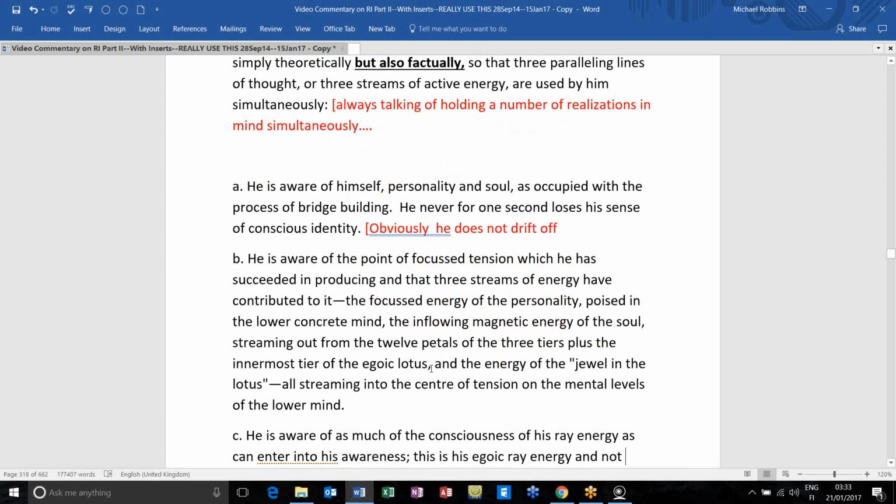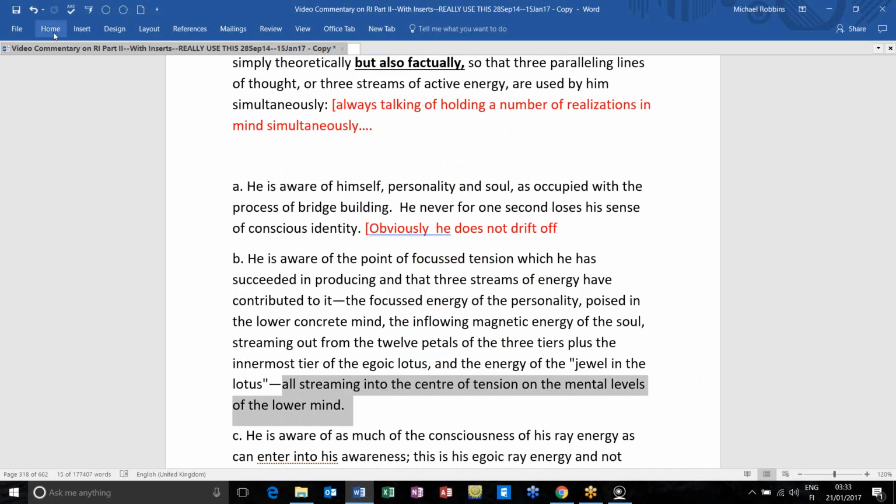So the innermost tier begins to be accessible, and the energy of the jewel in the lotus, all streaming into the center of tension on the mental levels of the lower mind.